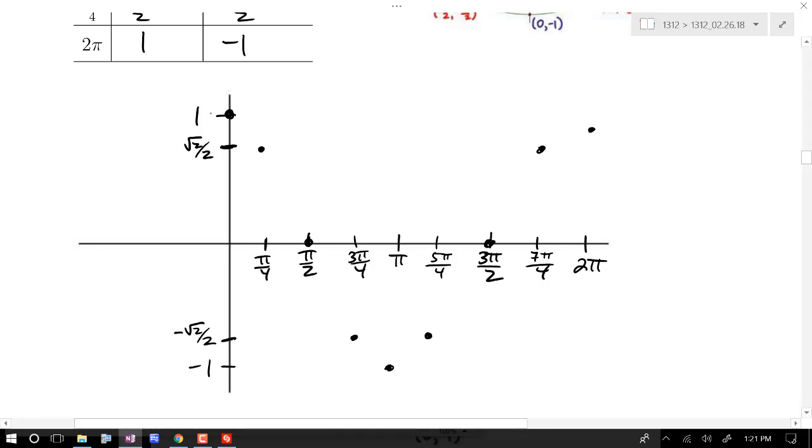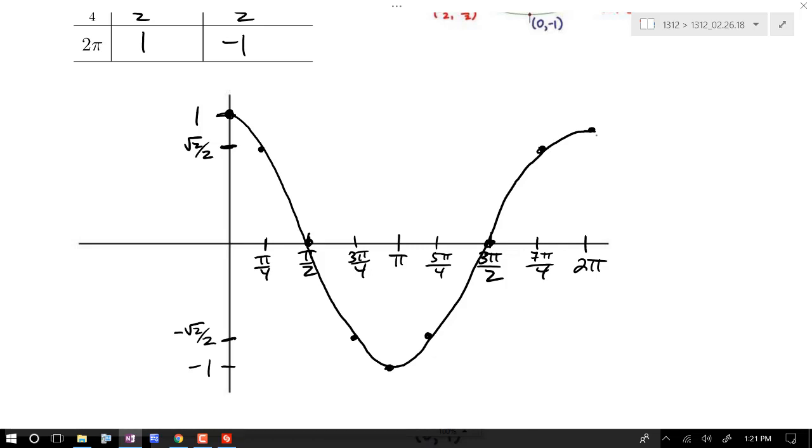Now, if we were to draw a smooth curve to fit these, it would look something like this. Now, it looks different, but it basically has the same shape. Because if I were to continue this curve, it would just sort of keep going, just like a sine curve, the one that we graphed on the last page.